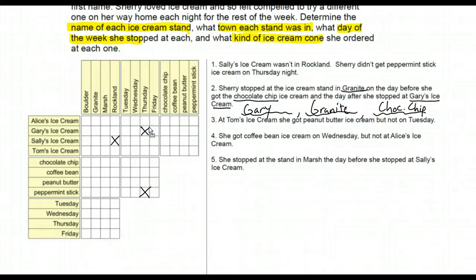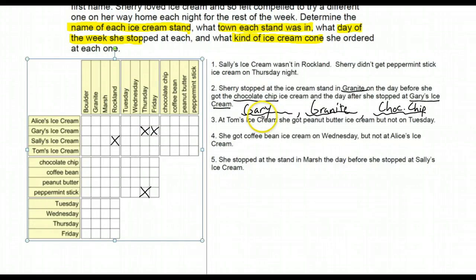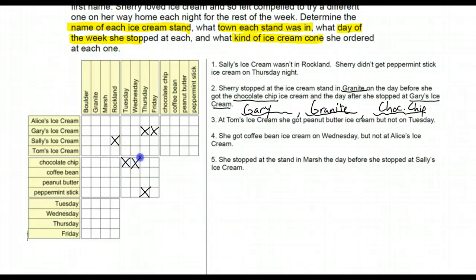And the same logic applies to Friday. Gary cannot be Friday. If we reverse that thinking, and chocolate chip has to be third in this order, chocolate chip cannot be Tuesday or Wednesday.